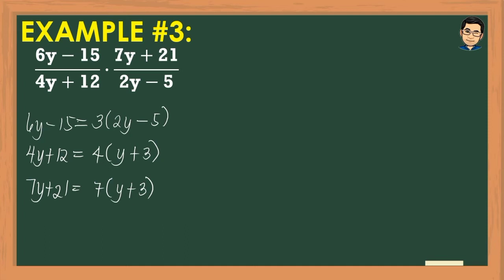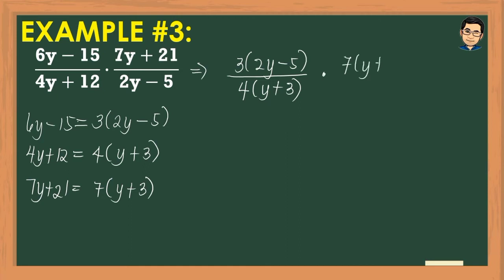So, i-rewrite lang natin yung mga nakuha nating mga sagot, para mas makita nyo ng malinaw. So, 3 times 2y minus 5 all over 4 times y plus 3 times 7 times y plus 3 all over 2y minus 5.